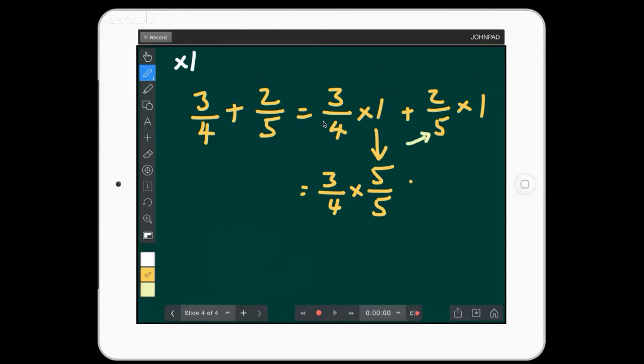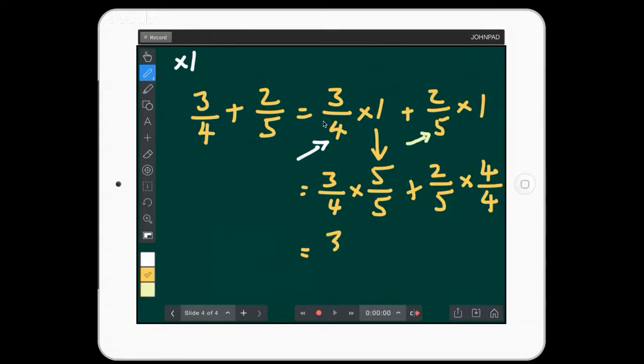Then over here, I can replace this 1 with something, spotting that there's a 4 on the bottom of this, why don't we change it to 4 over 4? Remember, because of multiplying by 1, this much sneered at trivial process, this expression is exactly the same as the expression before it. So what do we get now?